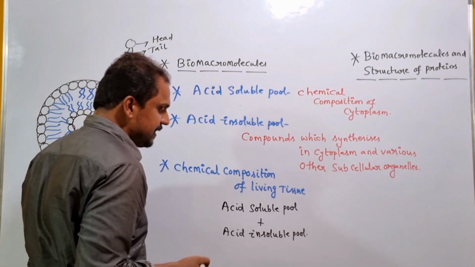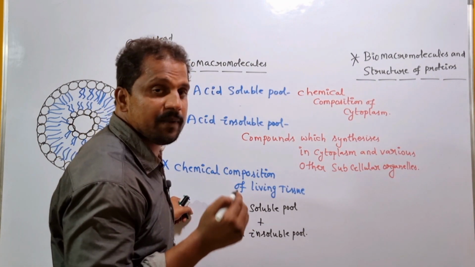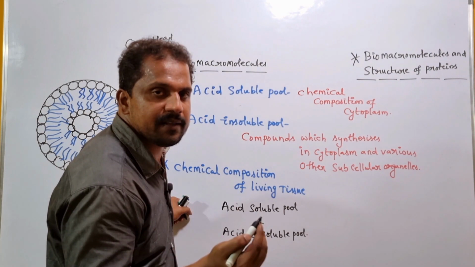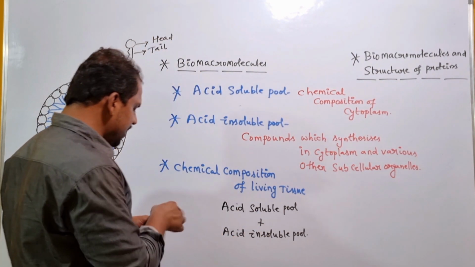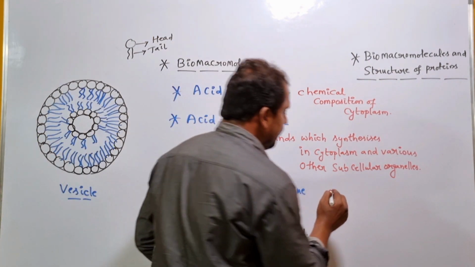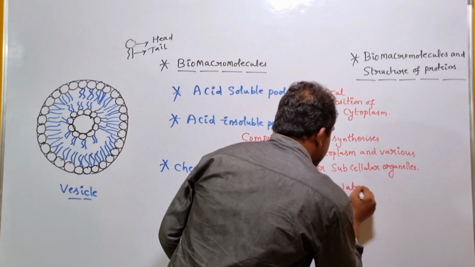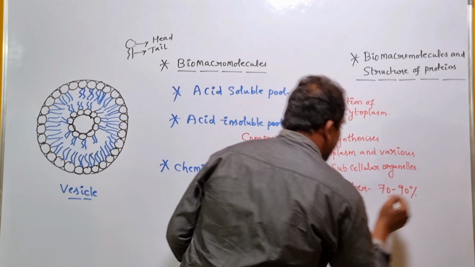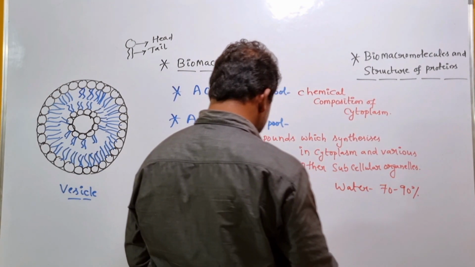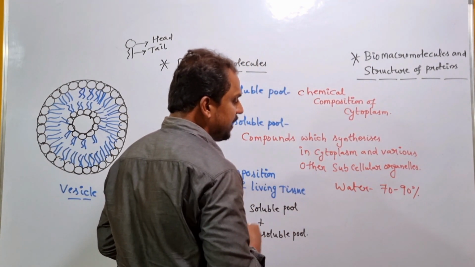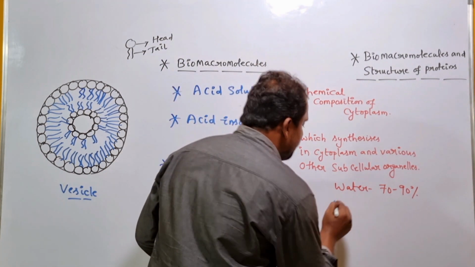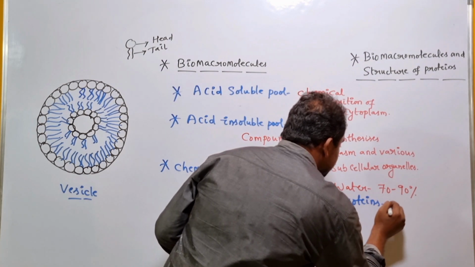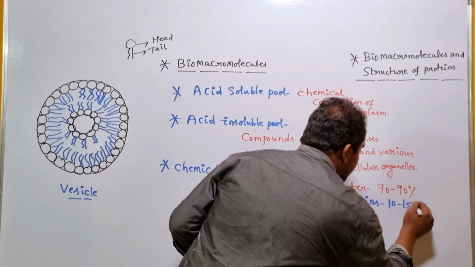And if we summarize the specific compounds most commonly observed in a particular living tissue according to their abundance, is it clear? Water occupies around 70 to 90% in one particular living tissue. In the same way, proteins occupy around 10 to 15%.